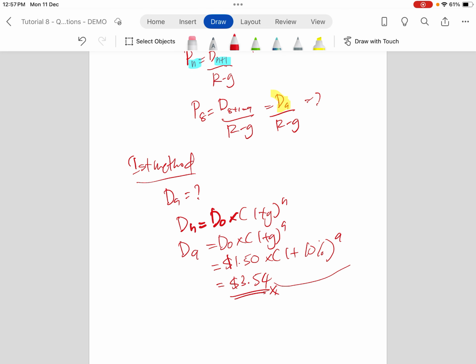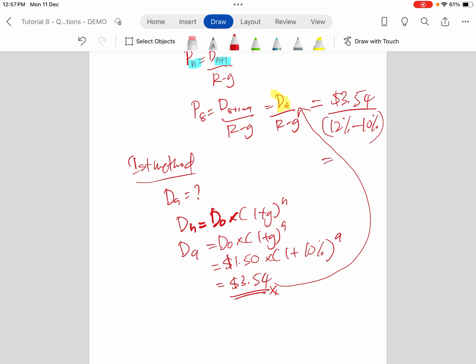After that, you sub this info into here. R is 12%, it's the same, R minus 10%.